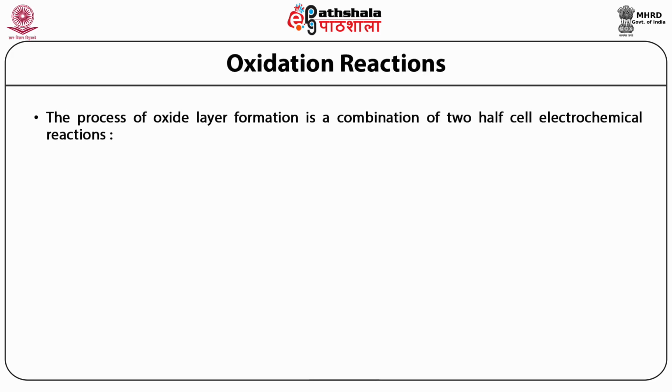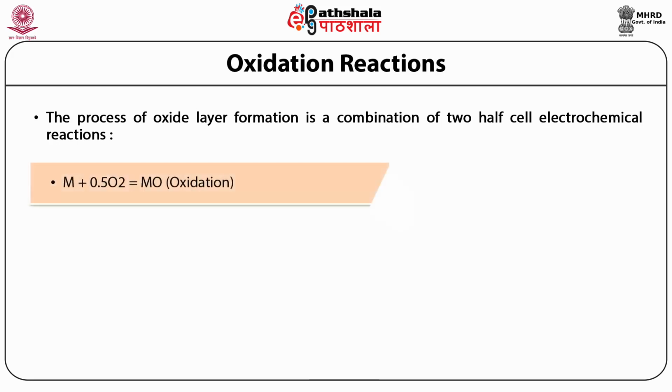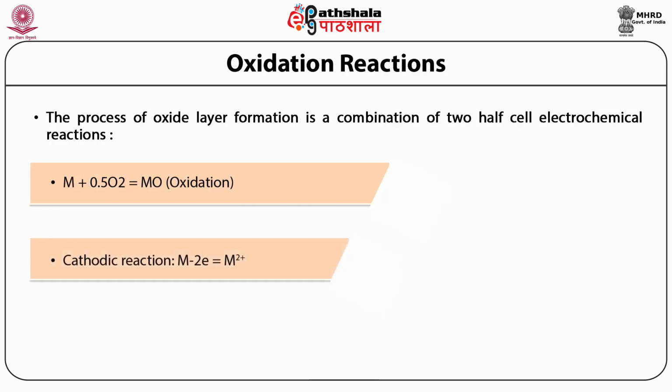The process of oxide layer formation is a combination of two half-cell reactions, that is, M + 0.5 O2 gives MO. The anodic reaction is M minus 2 electrons gives M2+, and the cathodic reaction is O plus 2 electrons gives O2-.